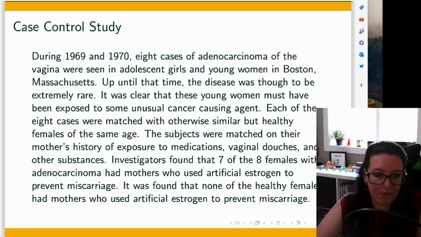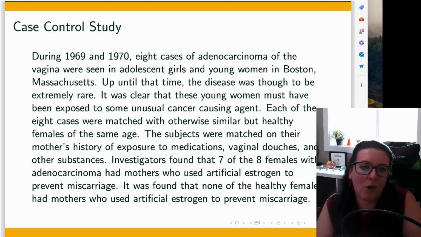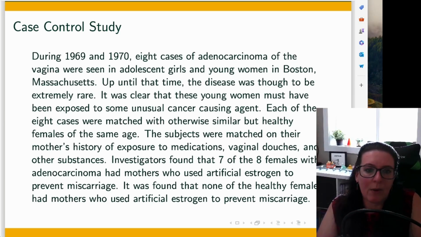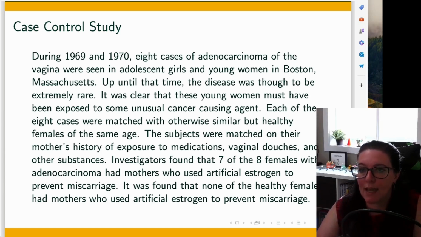So that's one way to do this. We're trying to match them as much as possible. An example of a case control study: during 1969 and 1970, there were 8 cases of adenocarcinoma seen in adolescent girls and young women in Boston. Up until that time, the disease was thought to be extremely rare. It was clear that these women must have been exposed to some kind of cancer-causing agent.